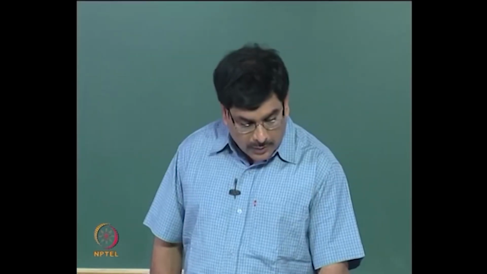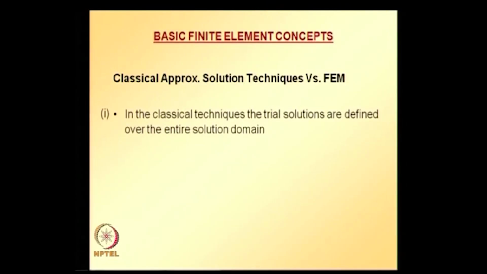In classical techniques, as you already experienced when you looked at the problems, the trial solutions are defined over the entire solution domain. That is, if you take any problem, you started out with a trial solution, that is u is equal to a0 plus a1 x plus a2 x square, and whatever trial solution you started out with is applicable for the entire solution domain.